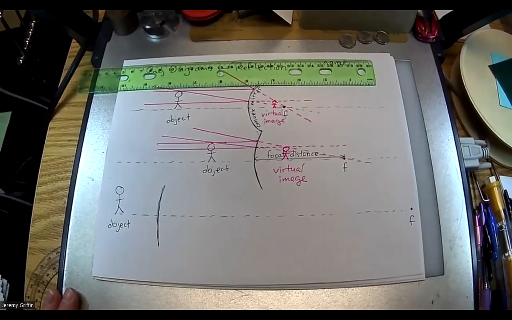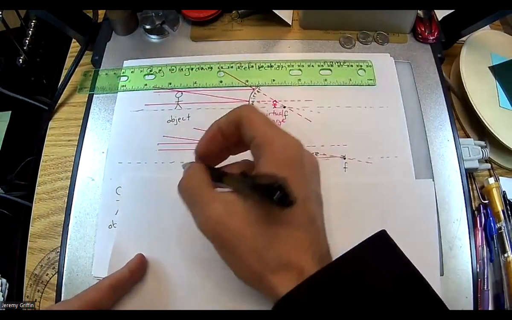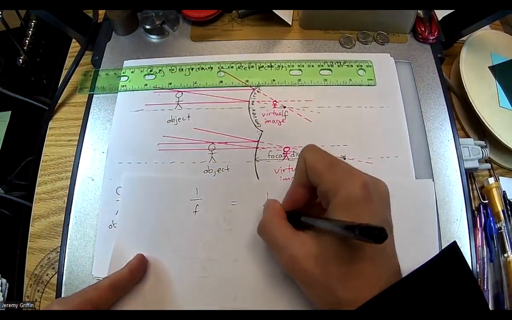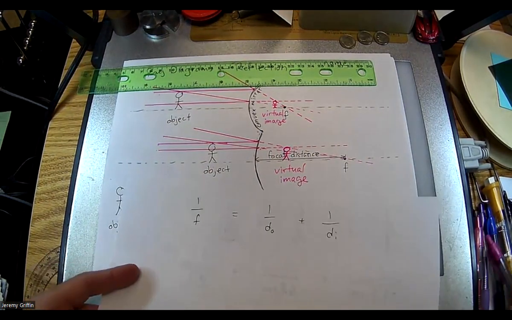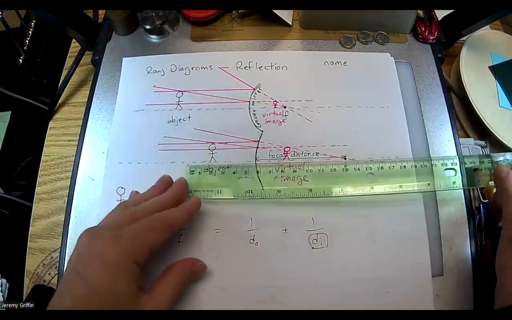While you guys finish with that one, let me bring up this mirror equation again. Let's see how close this is. 1 over focal distance equals 1 over distance object plus 1 over distance image. I'll do the same thing I did before. I'll solve for distance image and see where it shows up.